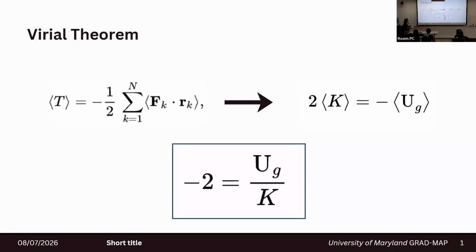That means that if we plot the total potential energy over the total kinetic energy of the system, the ratio should approach -2. And if we plot this virial ratio over time, we should see the average approaching -2 if the system is stabilizing, or virializing, the way globular clusters do.